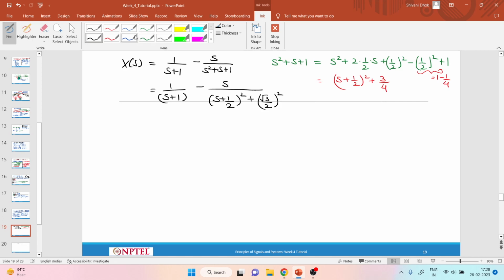Now this we very well know, that the inverse of this is simply e^(-t) u(t). Why am I considering the right-sided signal?